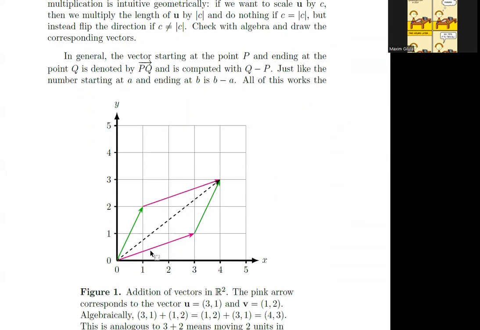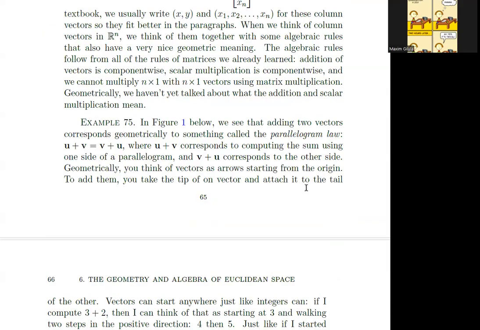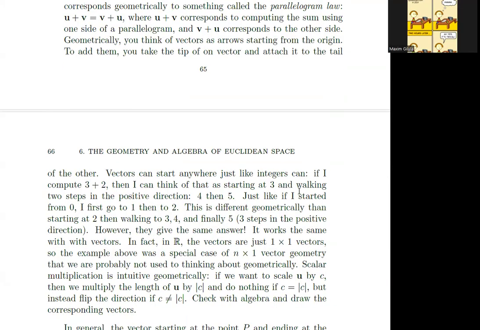If I want to add a vector u, which is the magenta vector, and a vector v, which is the green vector, so we think of them both as coming out of the origin, but I could take one and just attach it on the right side where the other one ends, and I get a new vector given by the hypotenuse or diagonal of these two vectors. So u plus v is v plus u from this diagram that you should take a look at.